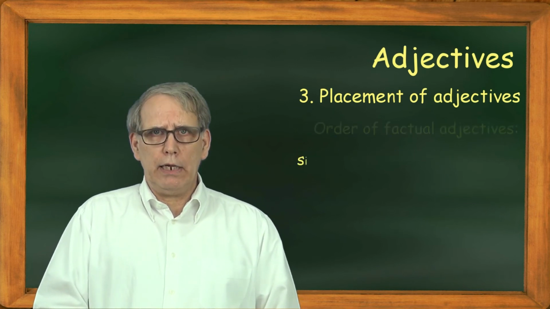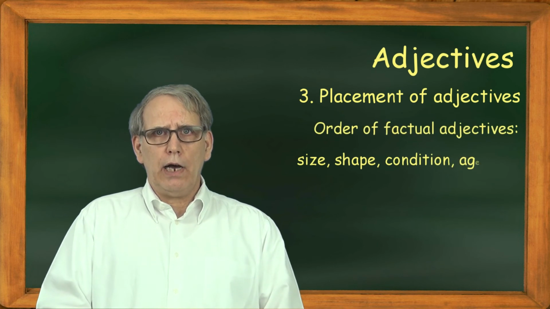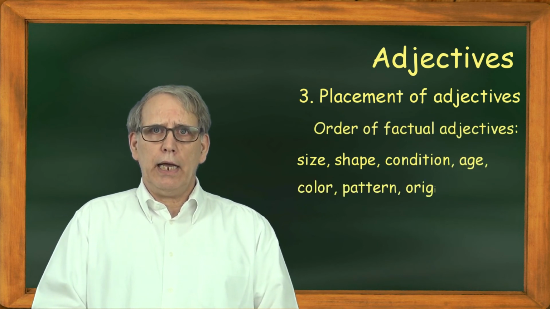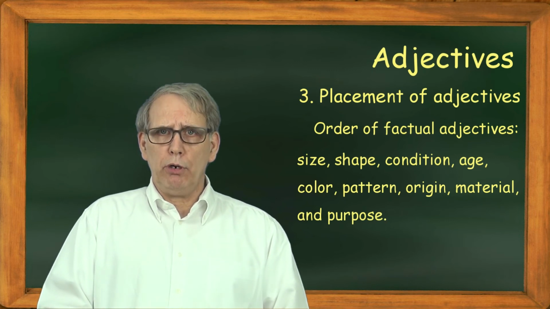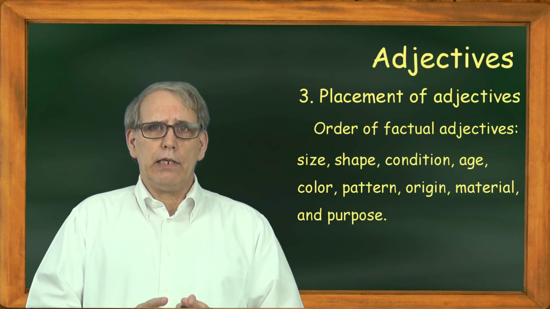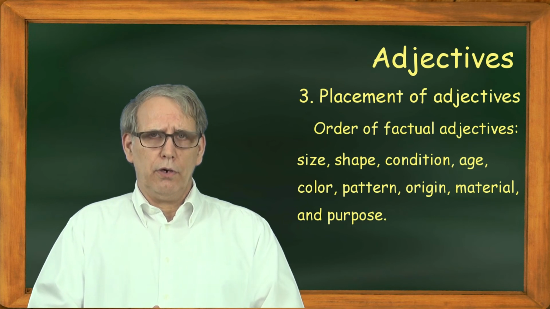The order of factual adjectives is usually size, shape, condition, age, color, pattern, origin, material, and purpose. So, and again, this would be very, very unusual.